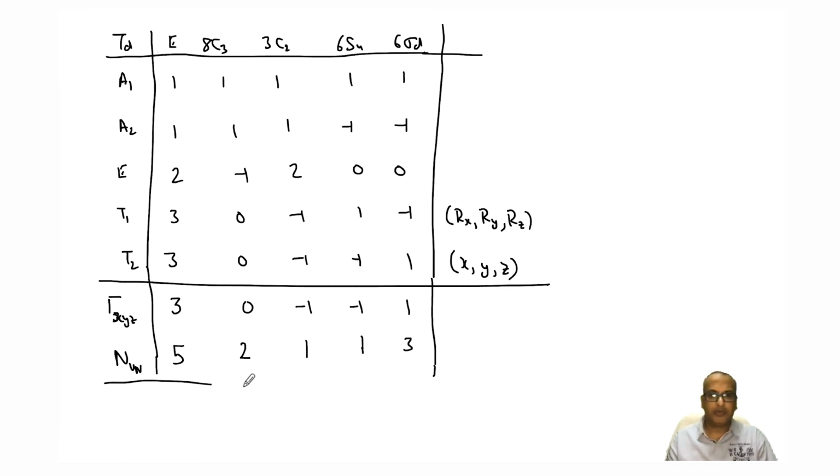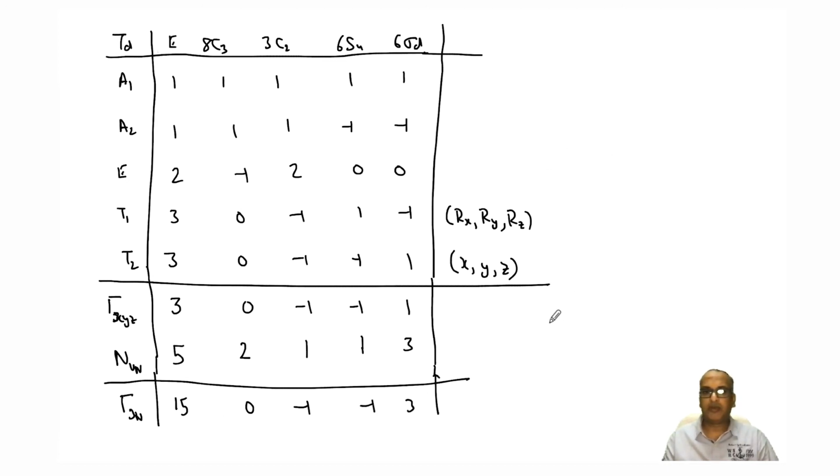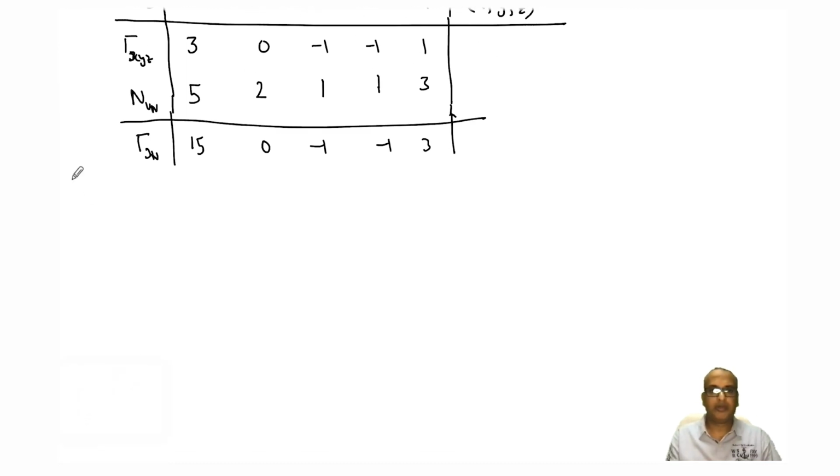Now you can calculate tau 3n, which will be 15. So it's a 15-dimensional matrix. So E will have 15, 0, -1, -1, 3. Now you have got tau 3n. So using the reduction formula, you can easily reduce tau 3n, right?